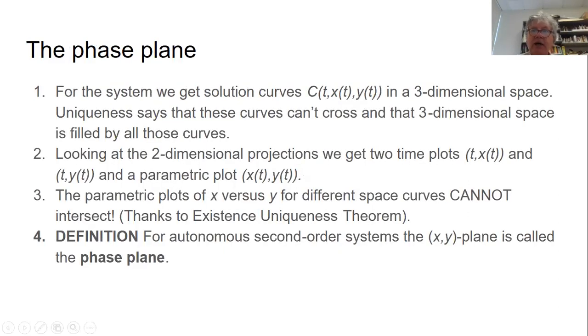Our existence and uniqueness theorem tells us that those curves in three-dimensional space can't cross each other, and that the three-dimensional space is filled by those curves. The two time plots, of course, different x plots can cross itself and different y plots can cross itself, because given an x naught, for different y naughts, there are going to be lots and lots of solutions through any given point.